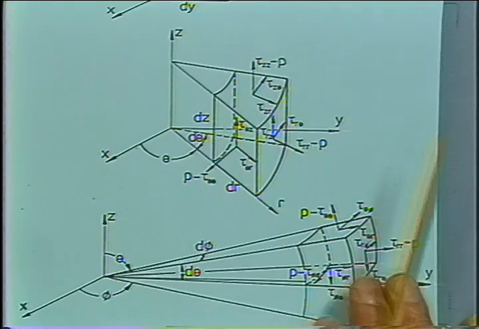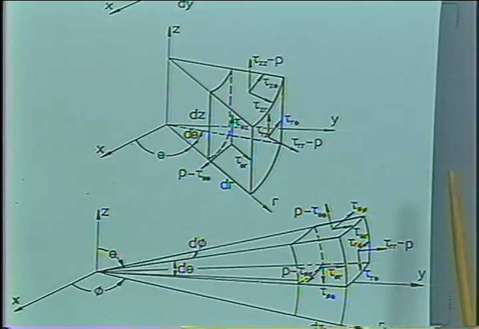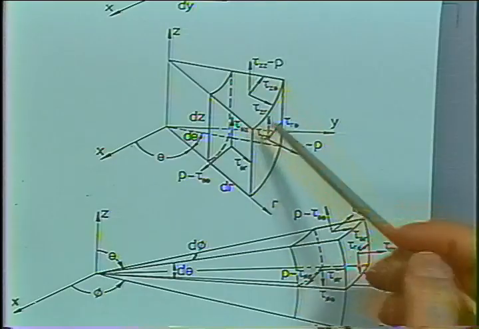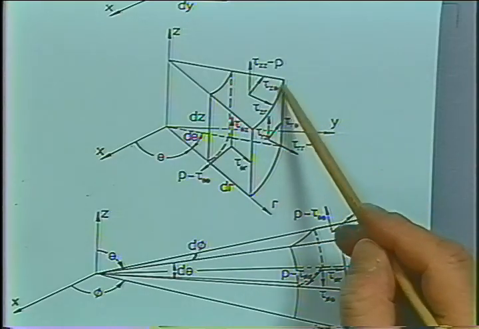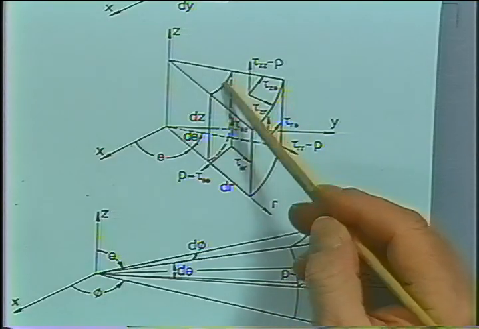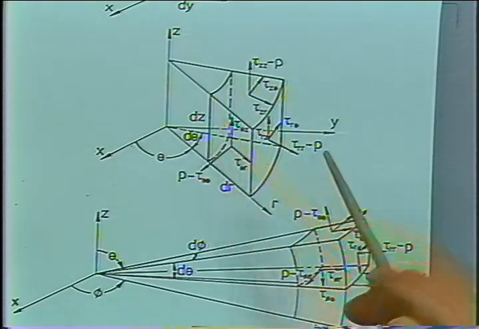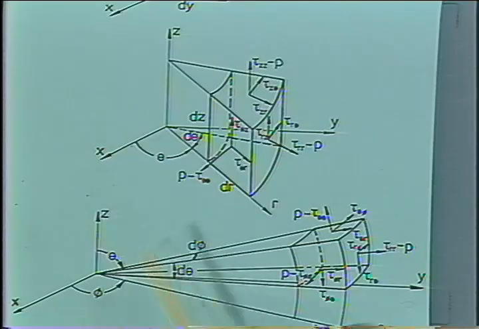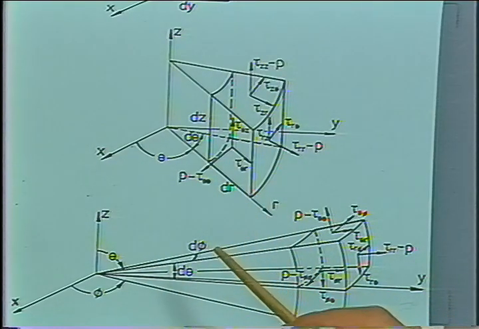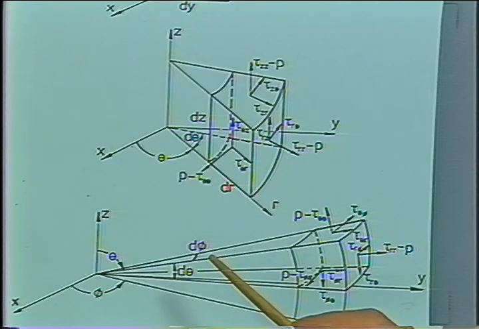But when you work in a cylindrical coordinate system, you would have material elements which have different magnitude of the faces. Here this would be a large area and this would be a small area due to the curvature. So whenever you have curvature, those elements are somewhat asymmetric, and you have to account for that when writing down the force balance on material elements. That will give rise to additional terms and to some interesting phenomena.